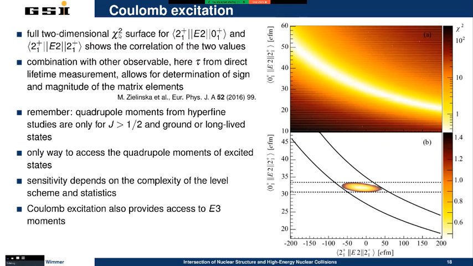Okay, so this is the chi-square between the experimental cross-section and the reaction model calculation, assuming different values for the two. So the BE2, you measure the square of this, right? Yes, and you don't know the sign. Okay, this is all positive. We don't measure BE2. We extract the BE2 from the measured cross-section.